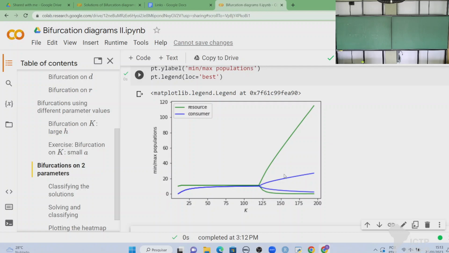The bifurcation diagram of one parameter does depend on the other, but in this case, if you look at this plot, it looks exactly as what we had before. This is again a trick on you, because I know that it is exactly the same. If you nondimensionalize in terms of k, the new a is just a over k. So it's exactly the same plot on a different scale.